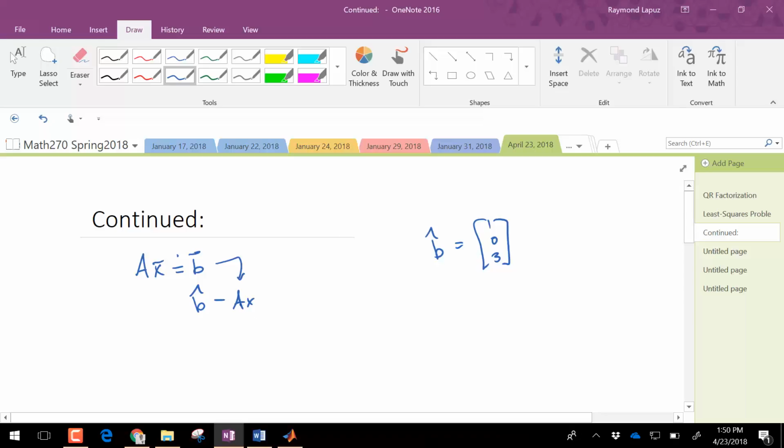So what we want to do is we're going to solve AX equals B hat. Right. B hat is a projection. So B hat is what's on the plane.